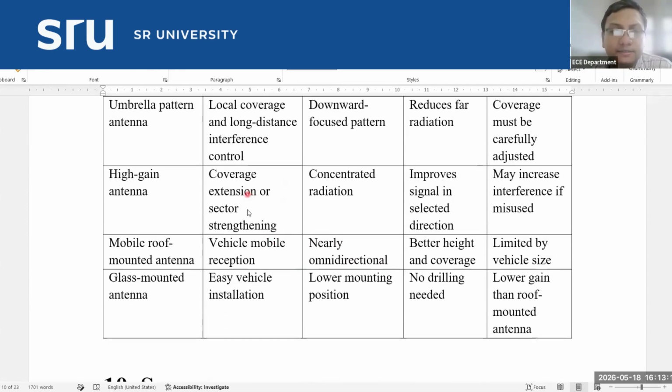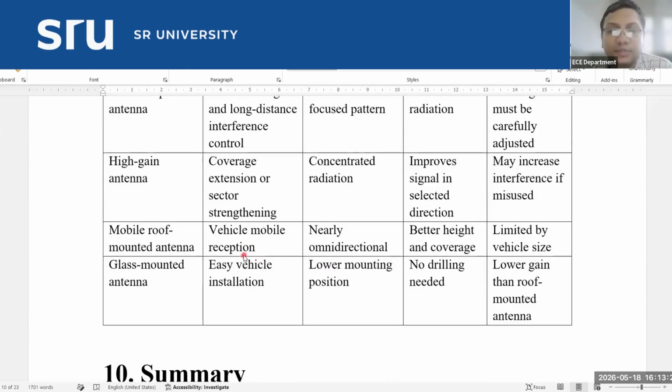Then the high gain antenna. The high gain antenna is a preferred solution for transmitters in cellular mobile communication. But we should be careful about using it in a receiver, because a receiver depends on multipath communication.